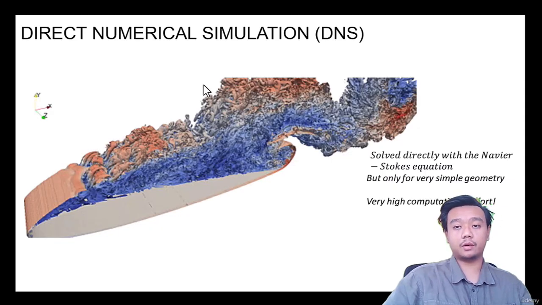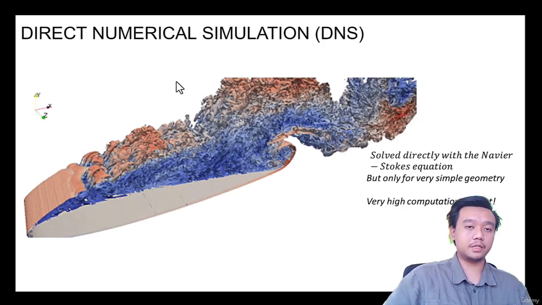Let's say if you are working at NASA, or maybe at some of the largest universities in the world that have a supercomputer. But for daily engineering application, it will not be feasible. So we will not talk about direct numerical simulation, except if you are very advanced and want to prove some basic theories like turbulent flow, or complex mixing interaction, or complex reacting flow or combustion.